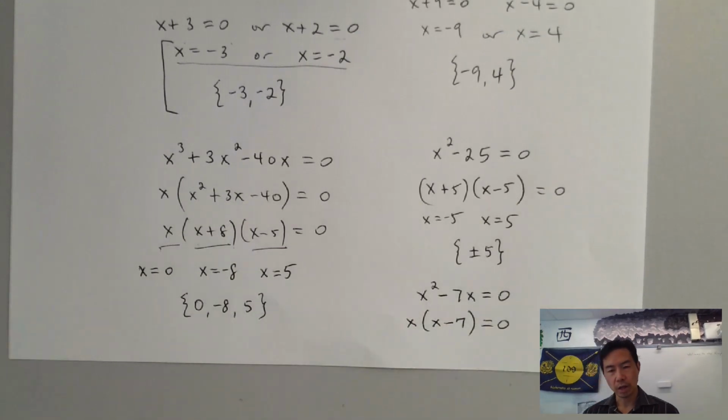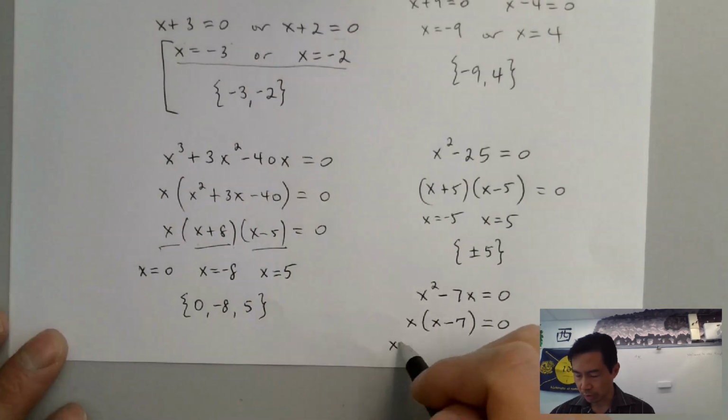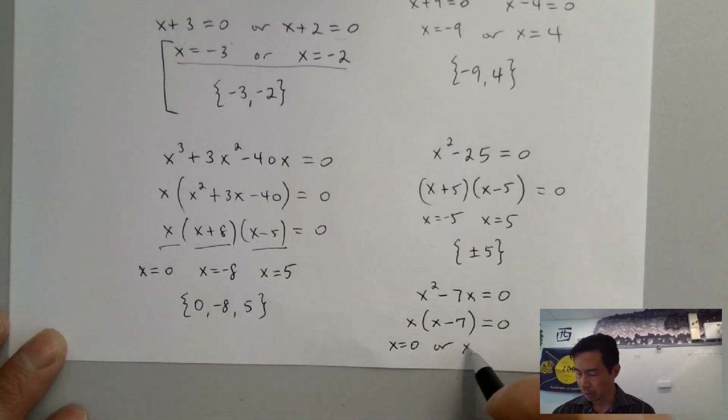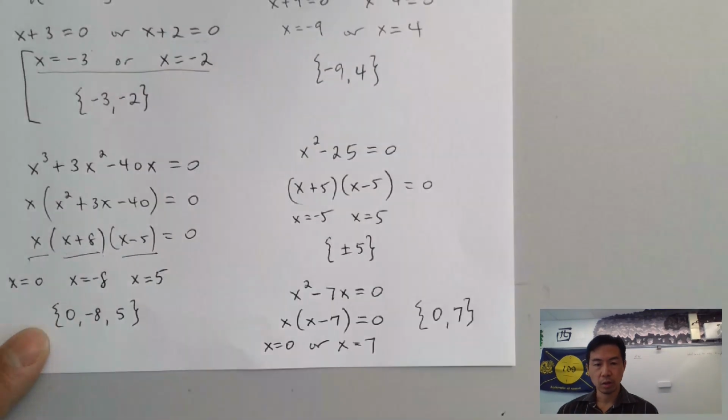And again, I will have two solutions. If x is 0, then guess what? X is 0. If x minus 7 is 0, then x is positive 7. So my solution set is 0 and 7.